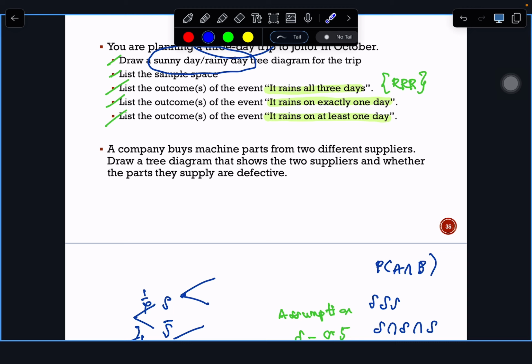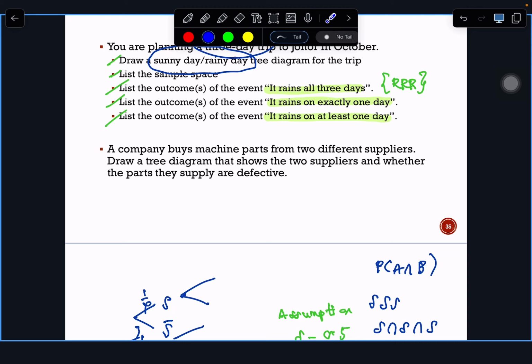So how many levels do we have? Why two? Yes, because you have two suppliers. So level 1, supplier 1. Level 2, supplier 2. And each level, how many branches do we have?